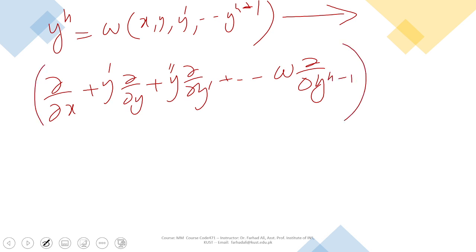It will operate on the solution space, which will be a function of x, y, y dash up to y n minus 1.